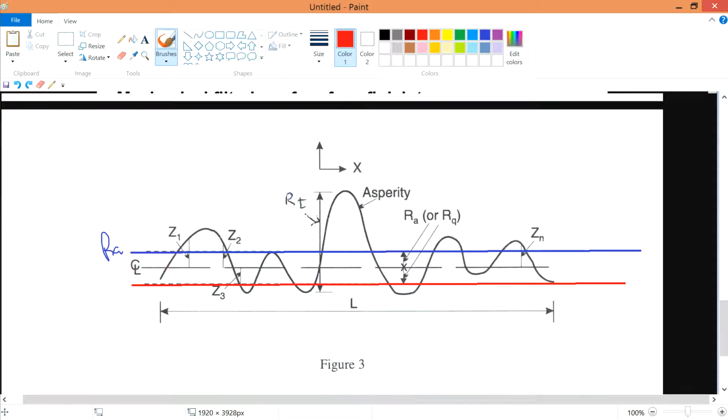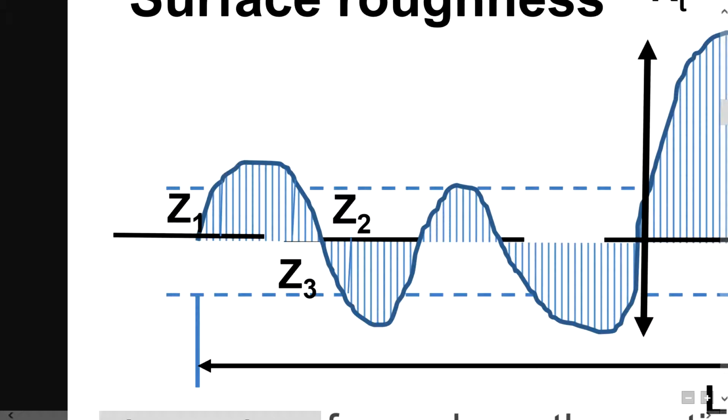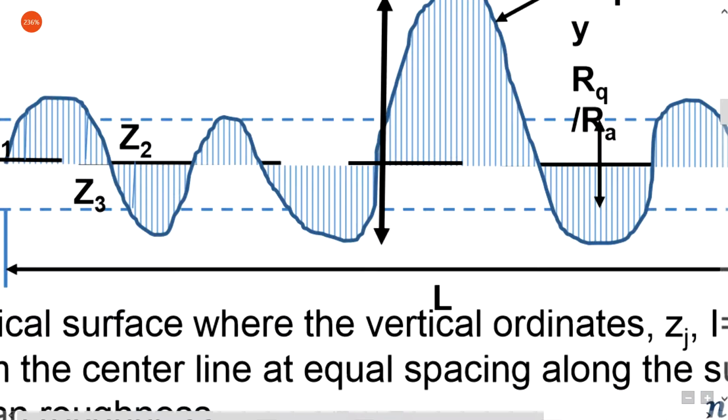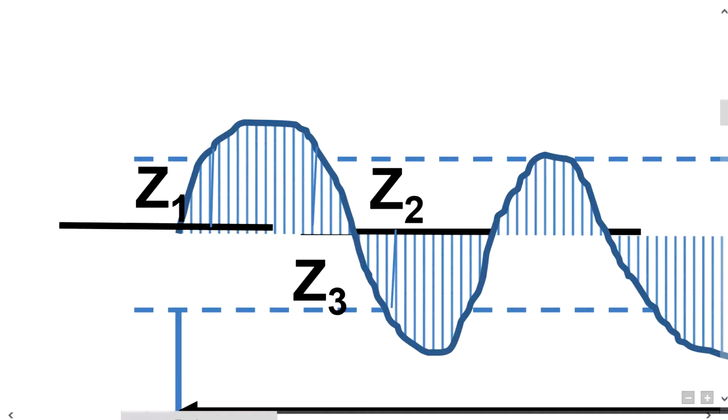Maybe I should draw a green color line also. If I were to zoom in on the PPT slides, Z1 is over here, where your Ra line crosses the peak at this point.